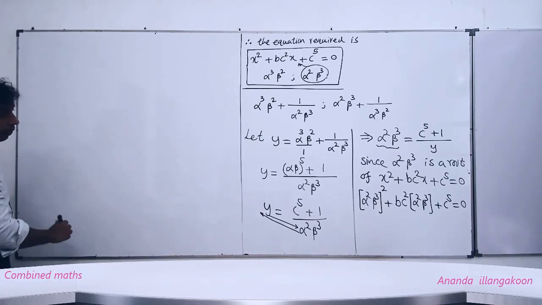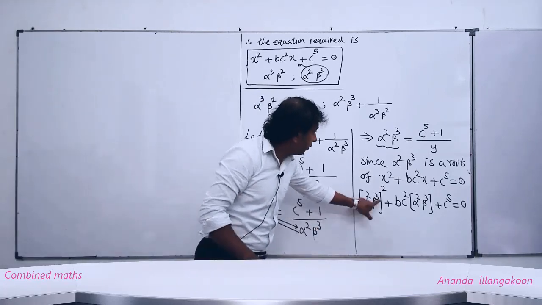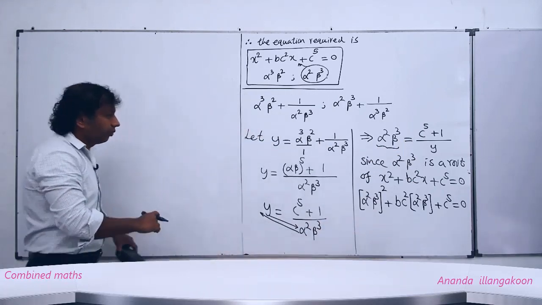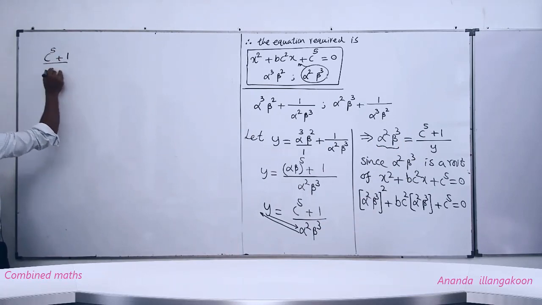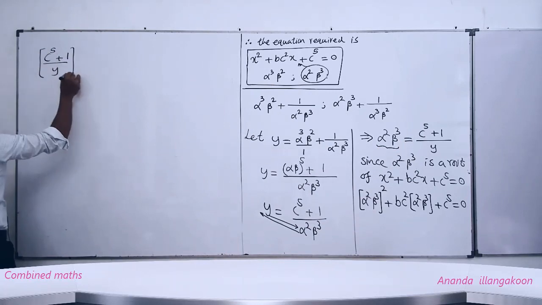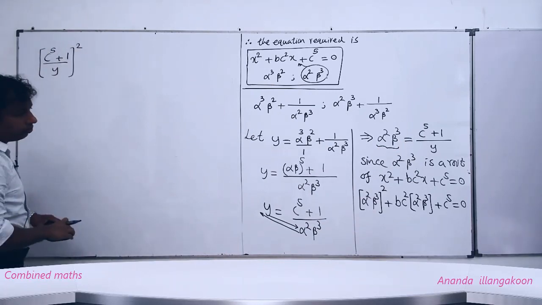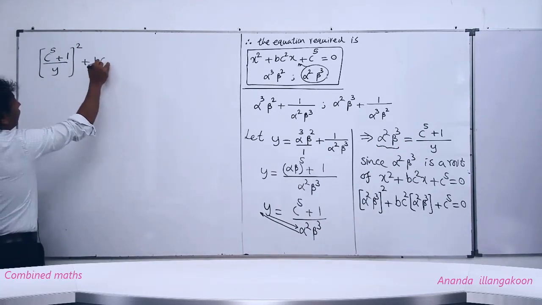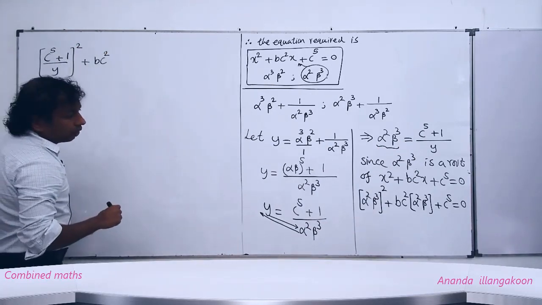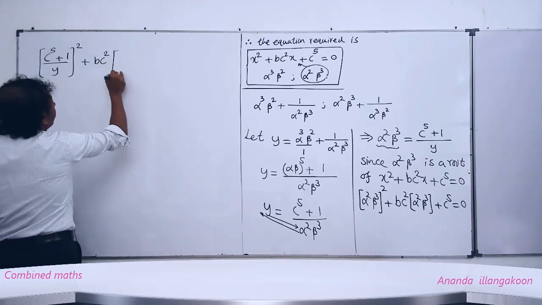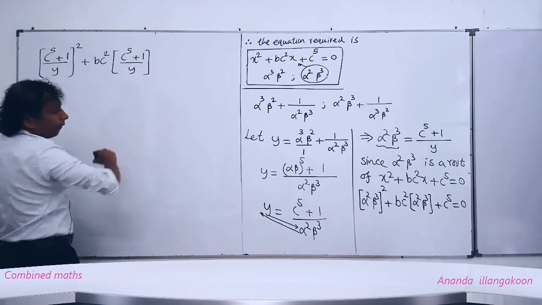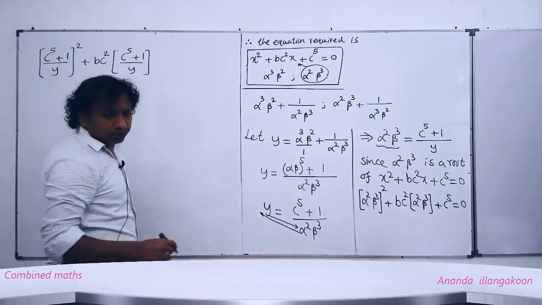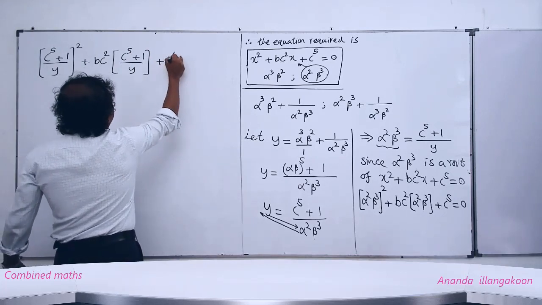Then what do you get? For this I substitute c to power 5 plus 1 divided by y. Plus bc squared times alpha squared beta cube, which is c5 plus 1 divided by y, and the last one is c to power 5, is equal to 0.